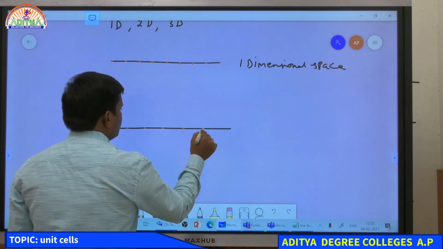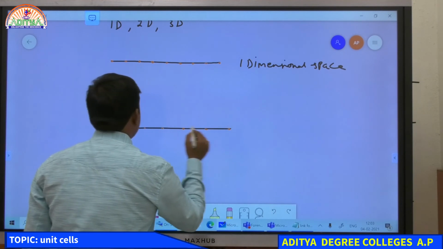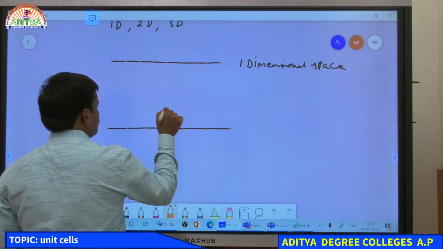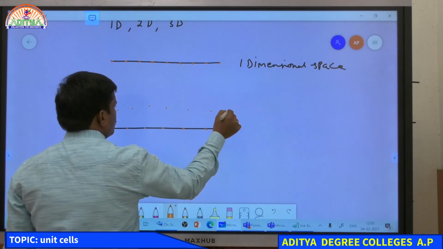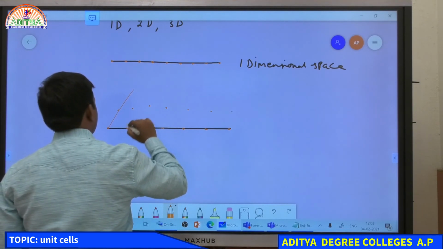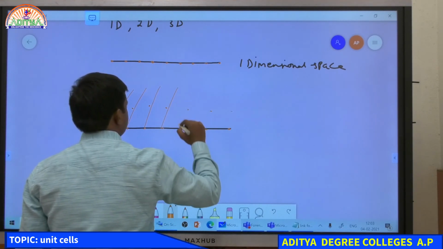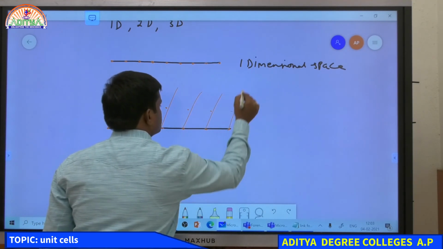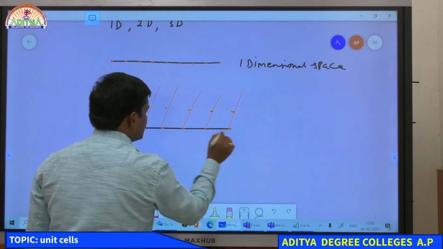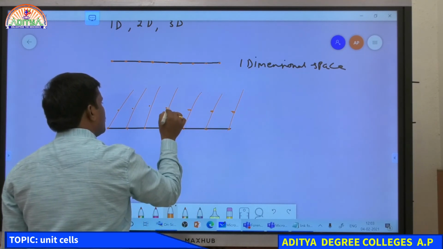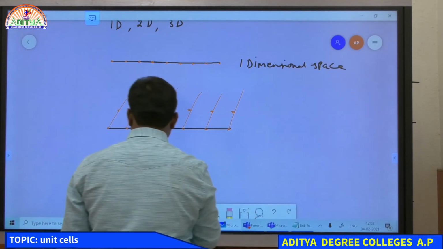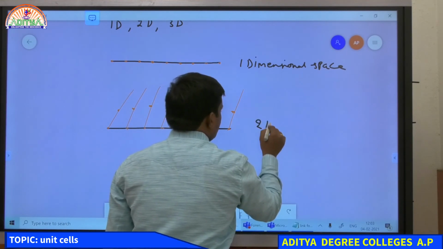These points are always arranged in a regular manner, all at equal distances. Look at this: here points are arranged in two directions, along this direction and also along this direction. That is why this is a two-dimensional space lattice.